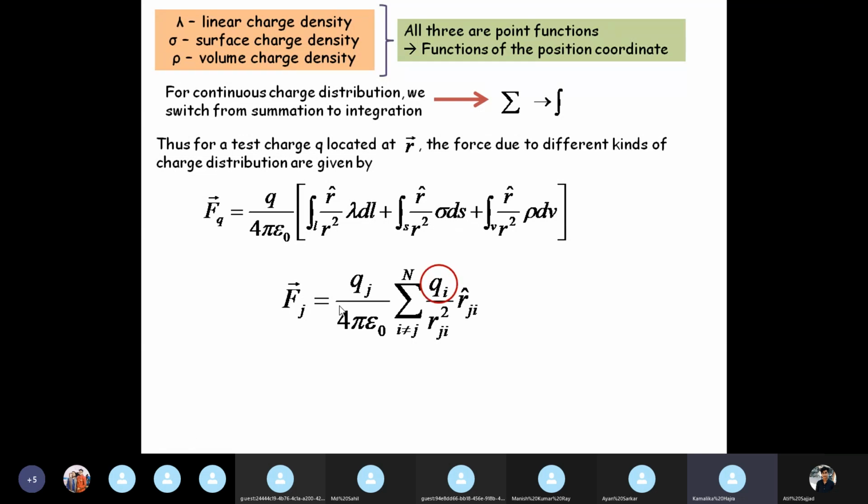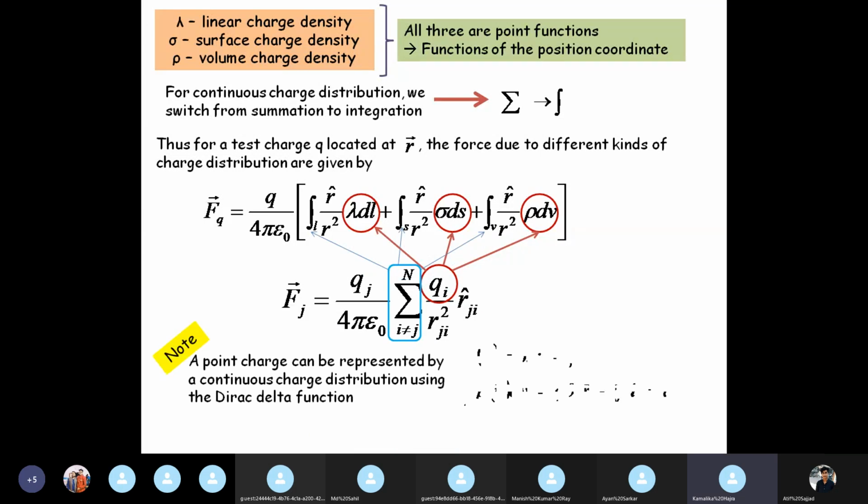Now when we shift from discrete to continuous, we change the sign from summation to integration, and we replace the discrete Qi's, point charges, by the distribution functions lambda dl, sigma ds, rho dv, all integrated over r, of course, and summation is replaced by integration.